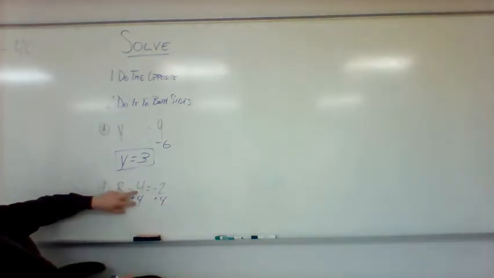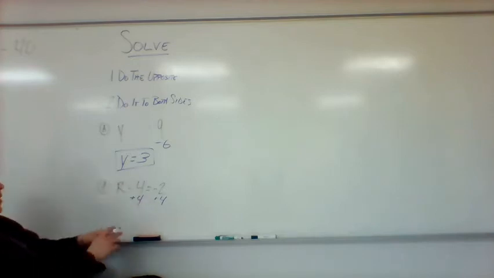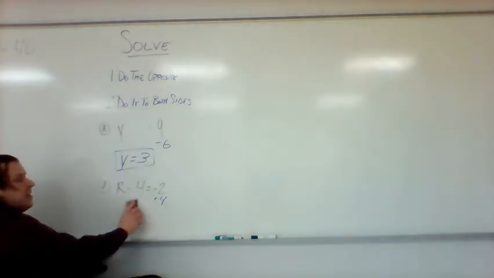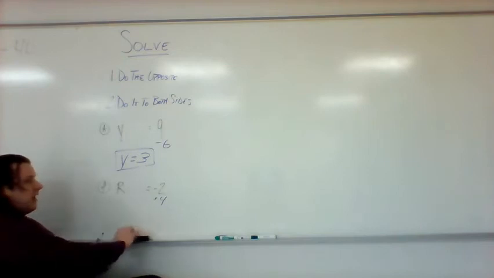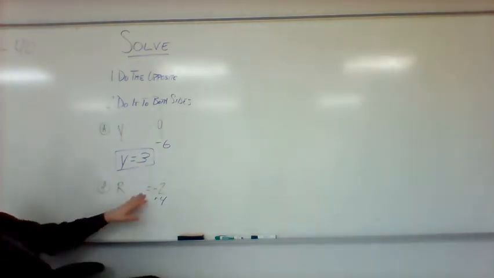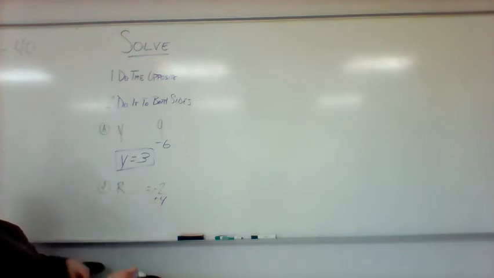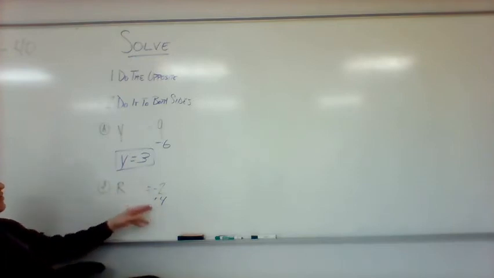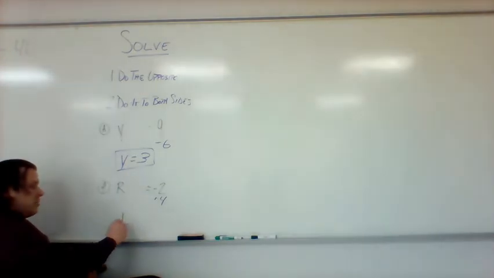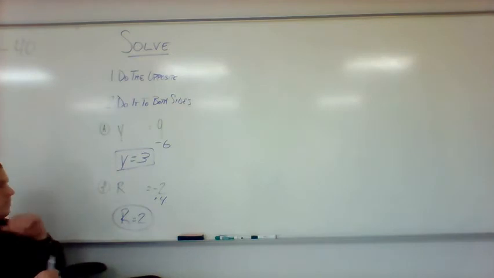So our opposites, -4 plus 4, are opposites, and opposites cancel. So I'm left with R equals -2 plus 4. You can use a calculator or a number line. -2 plus 4 is equal to 2, so R equals 2.